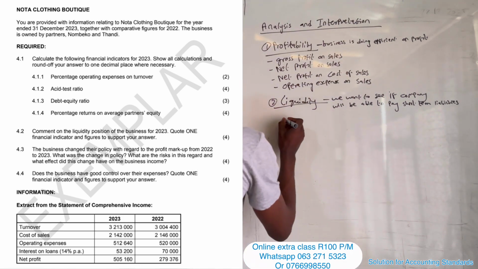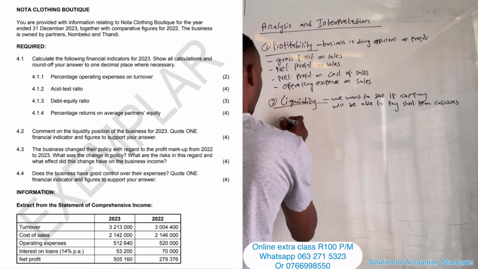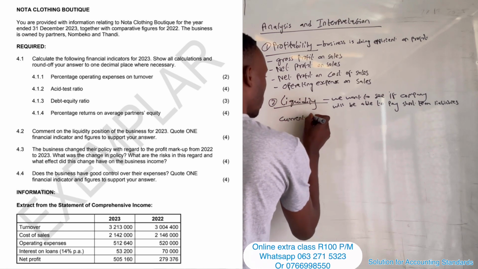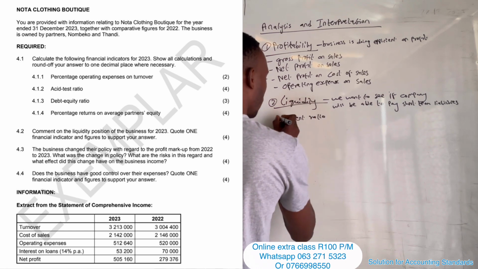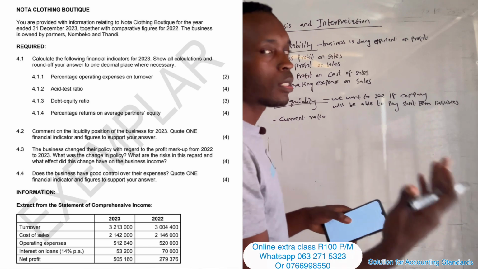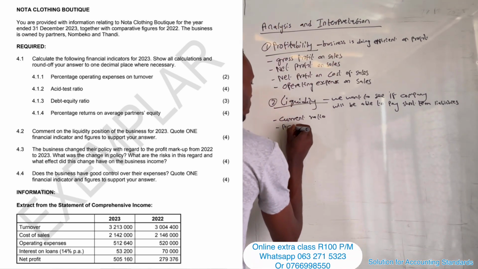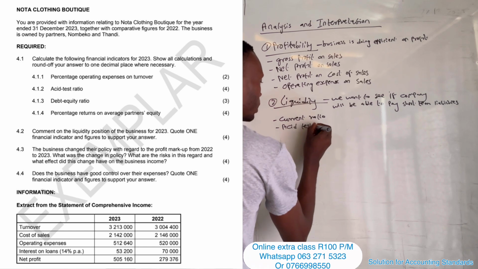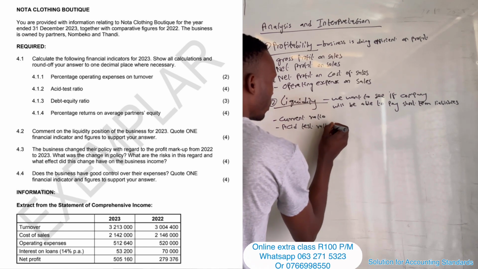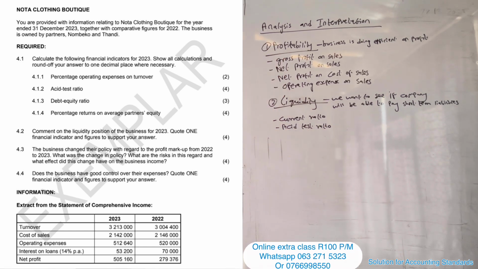Okay, for example, we have a current ratio where we compare current assets to current liabilities, and the second one we have the acid test ratio. Acid test ratio, guys, we are checking if we will be able to pay our short-term debt without what?